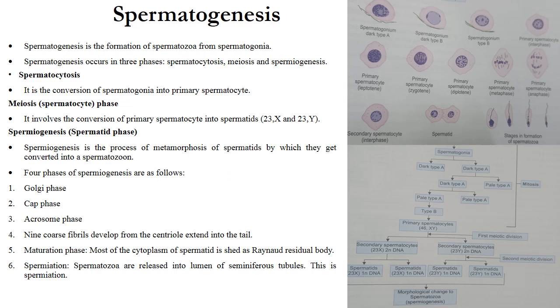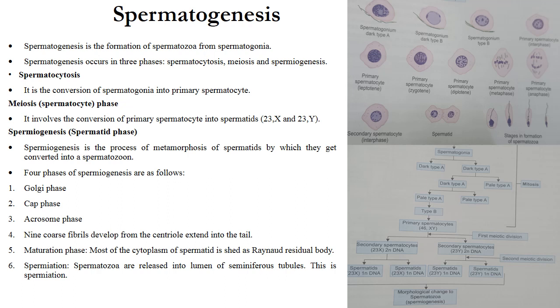So the first step is spermatocytogenesis. It is the conversion of spermatogonia into primary spermatocyte. The human spermatogonia are classified into three types based on the appearance of their nucleus in H&E staining. Type A dark spermatogonia have an ovoid nucleus with dark basophilic chromatin. Type A pale spermatogonia have a spherical nucleus with clumpy chromatin and a central nucleolus.